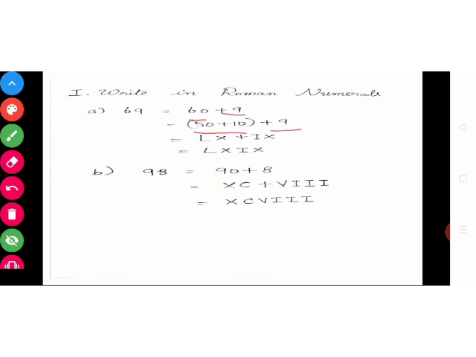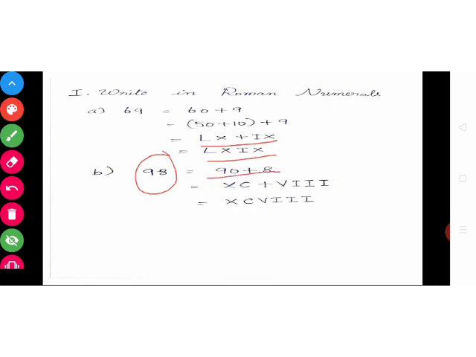Take it and write. This 50 represents this symbol and then 10 represents this symbol. This 9 represents this symbol. Okay children. And next what do you want to do? You want to add this. Okay children. You got the answer? Yes. Look at the next sum.